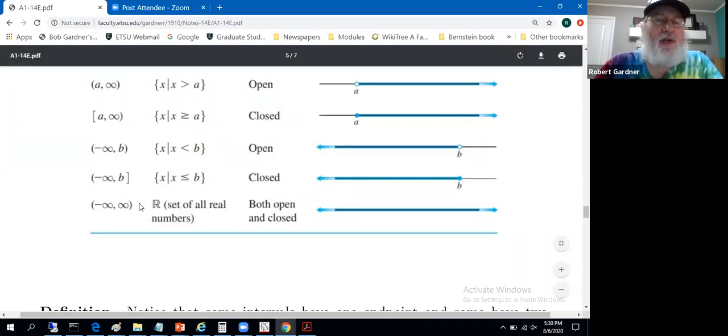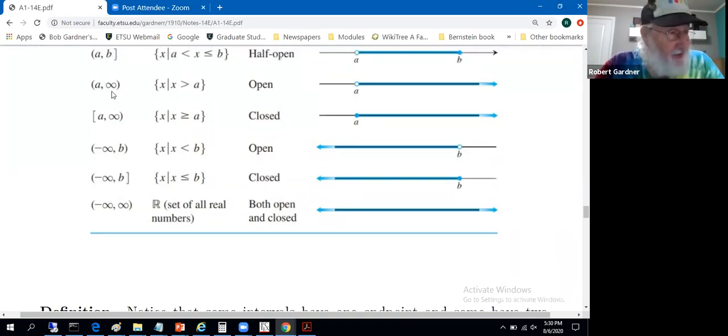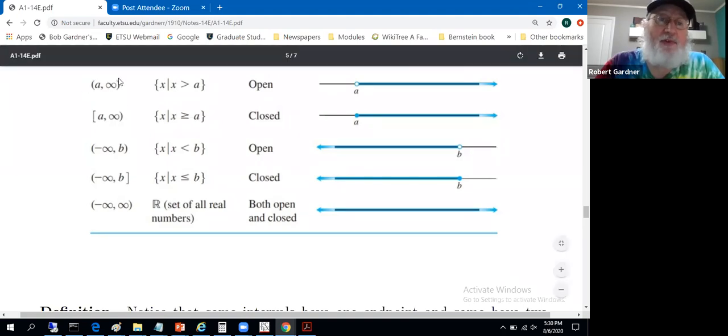Now these last ones. I've read this as the interval from A to infinity. There is no to infinity. There's not an infinity there. I'm a little embarrassed to use the verbiage "to infinity" because there isn't a to infinity. That's how everybody pronounces these symbols, the open interval from A to infinity.